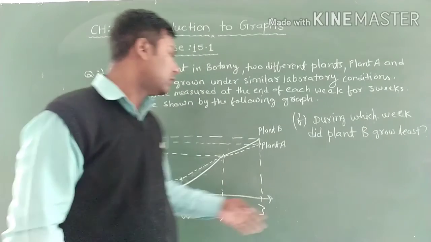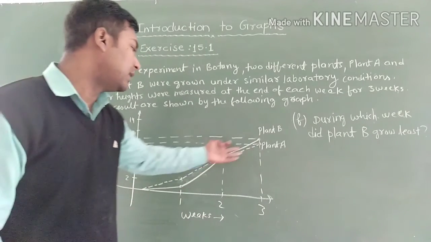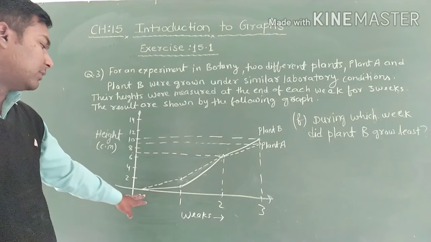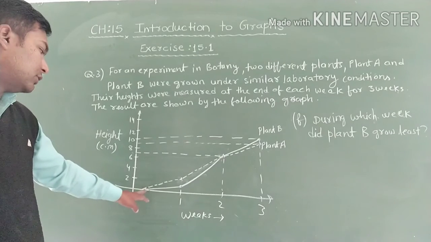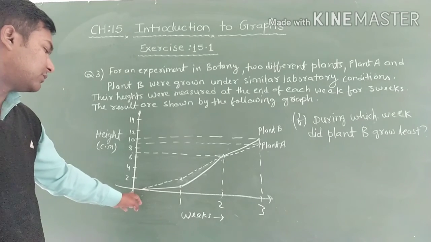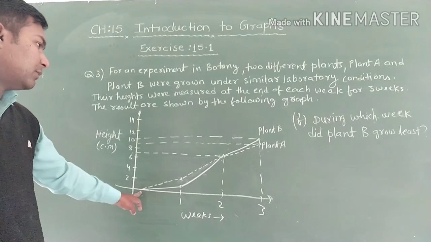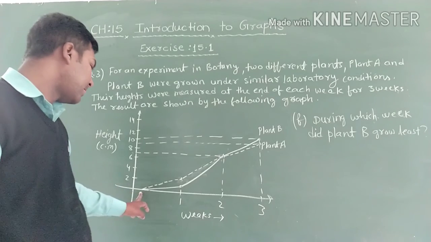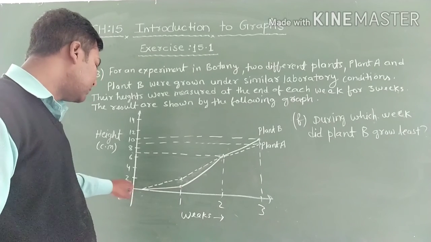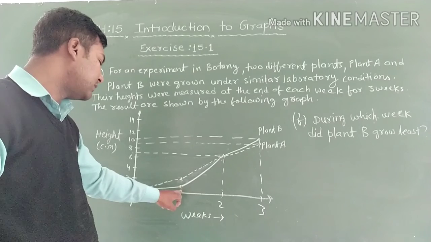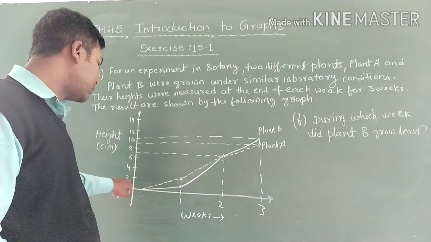Plant B is represented here by the simple line. So in which duration does the plant grow least? See here, in the first week the plant grows up to 1 centimeter.